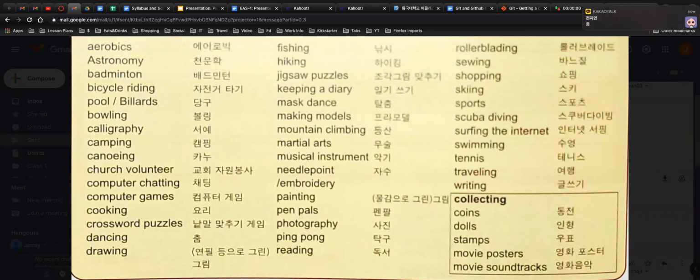Group 5, yours will be, let's do pool or billiards. And group 6, yours will be traveling.